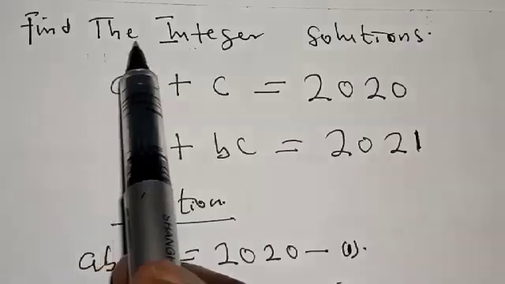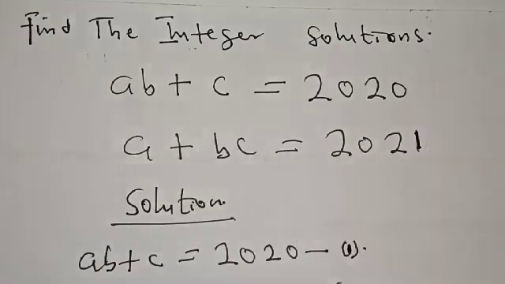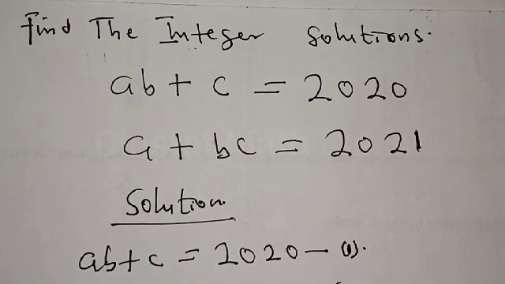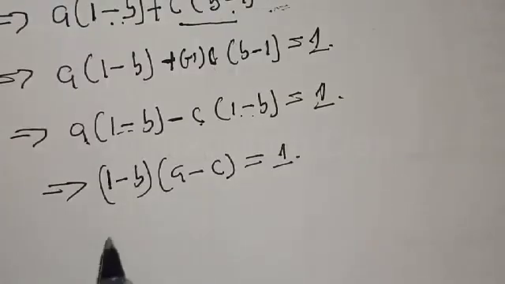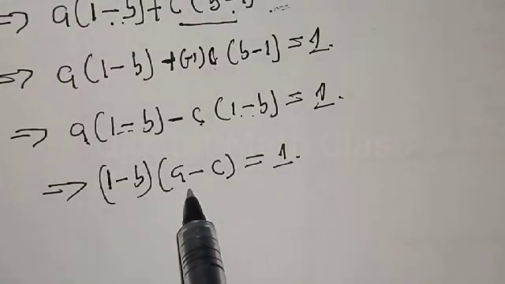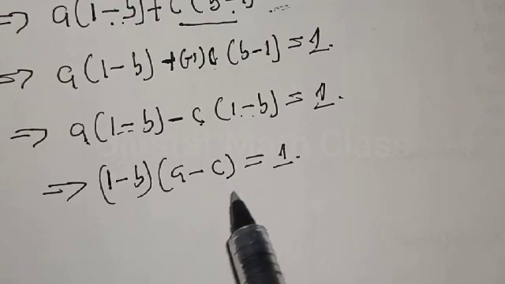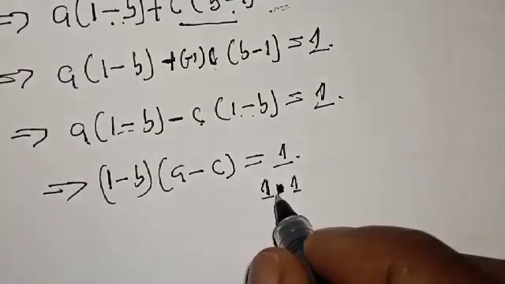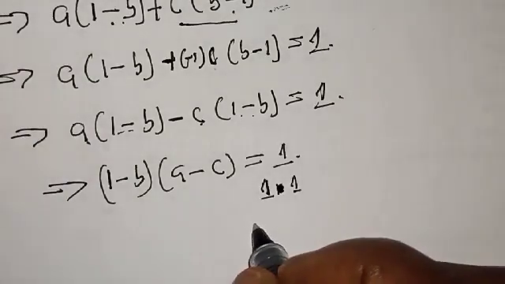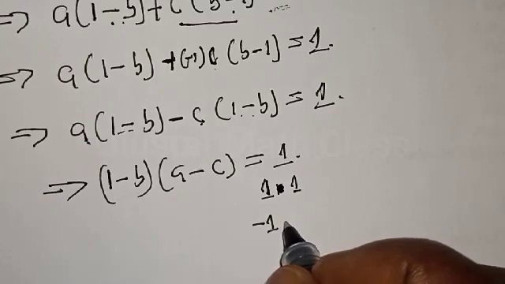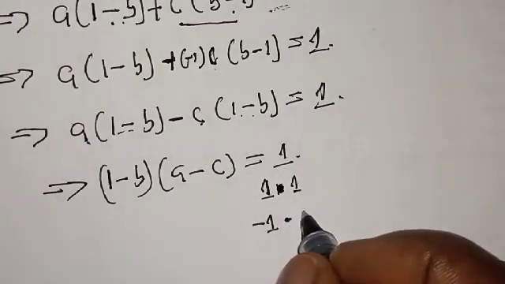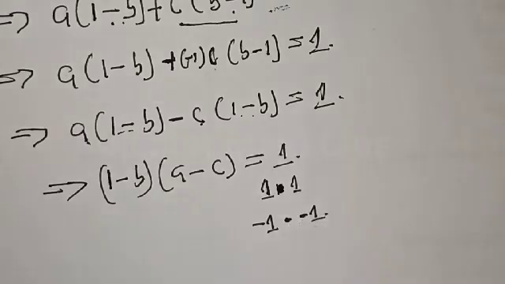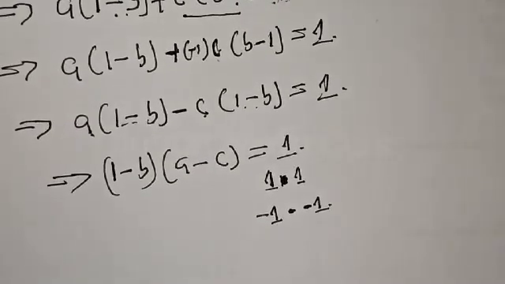But the question says find the integer solution from this given equation. This implies that A, B, and C are all integers. Also, 1 minus B and A minus C are also integers. So we need to find the factors of 1. So this implies that 1 times 1, then minus 1 multiplied by minus 1. So they are all factors. In this case, we are having two cases.